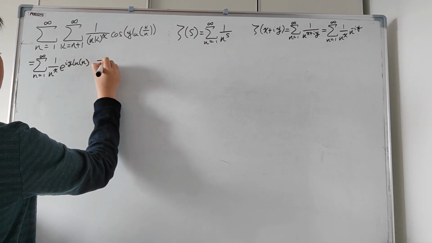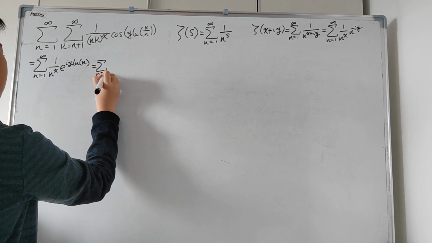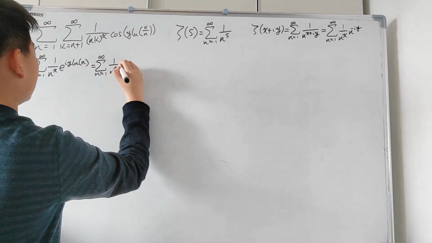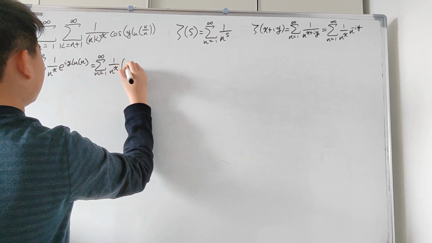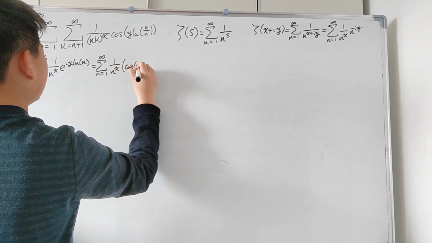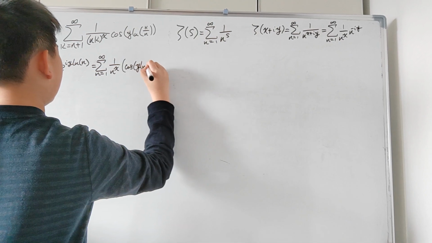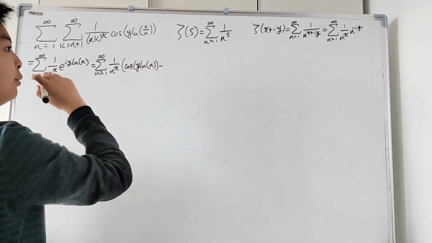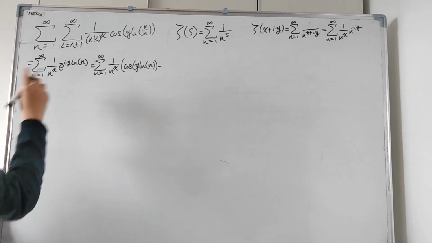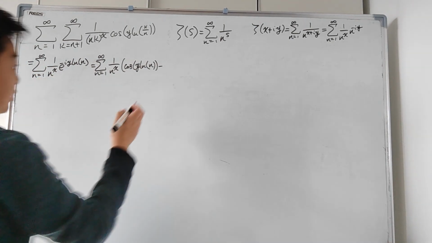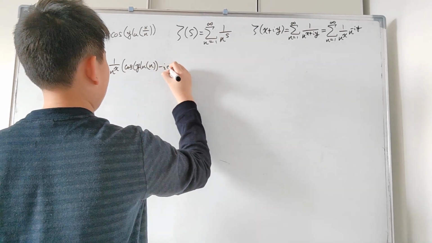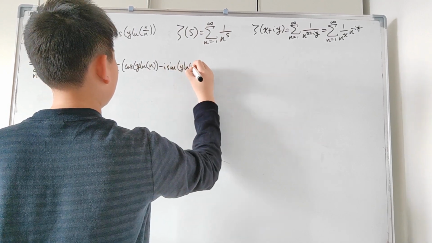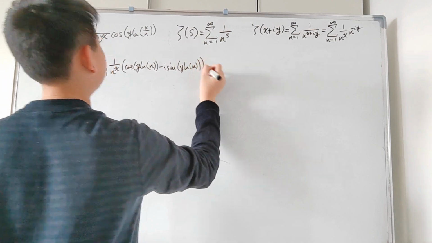And then once again, using Euler's formula, this is going to be the cosine of y natural log of n minus, and that's going to be a minus, because technically there's a minus over here, i sine of y natural log of n.